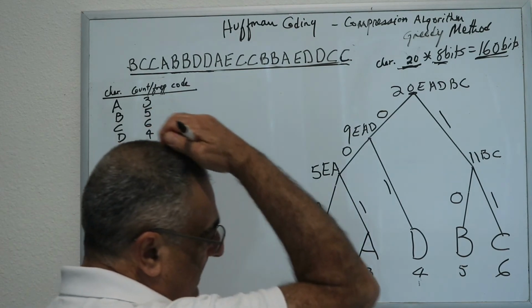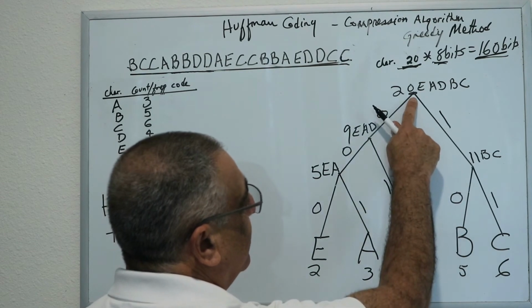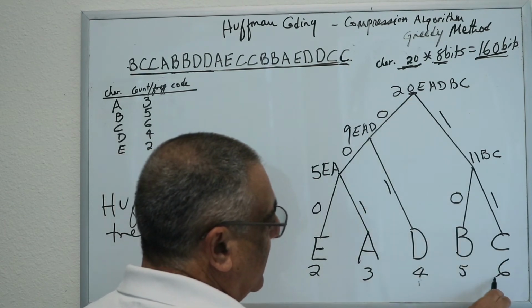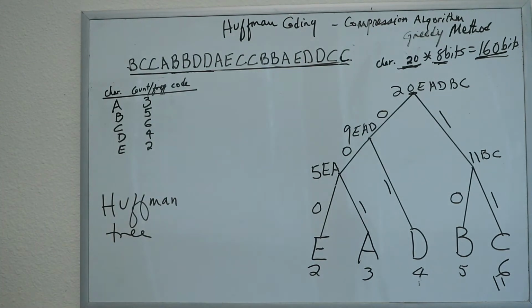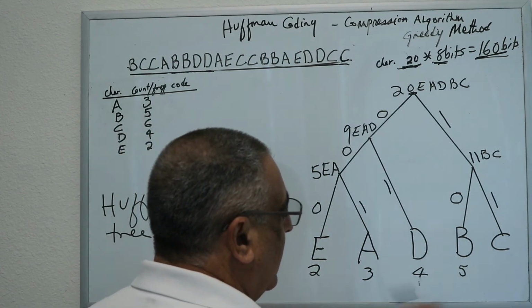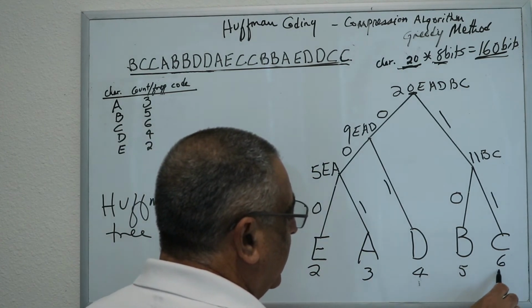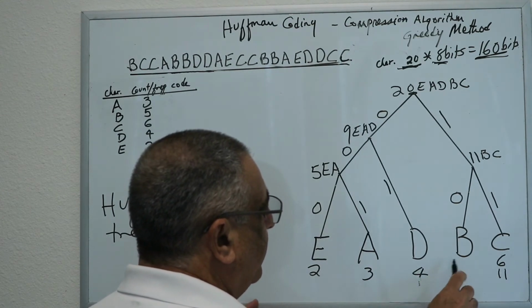these characters are represented. To represent C, it's going to start from the root: 1, 1. So I have two bits. There are 6 C's, so it's represented as 1, 1.